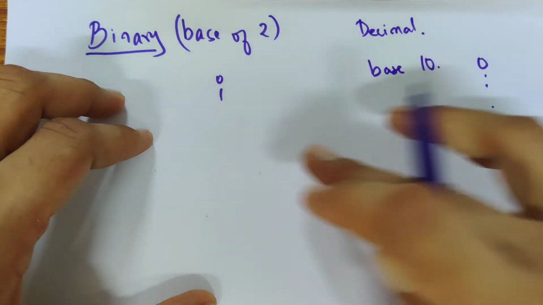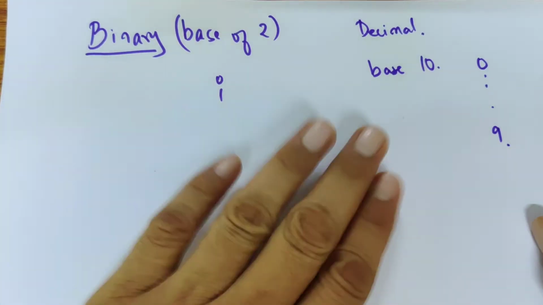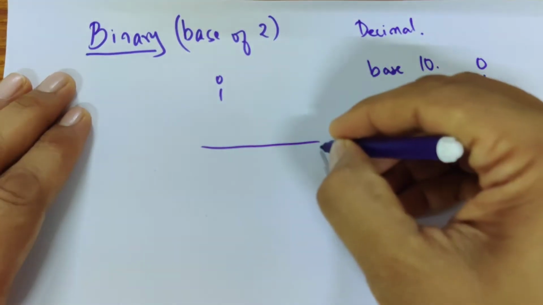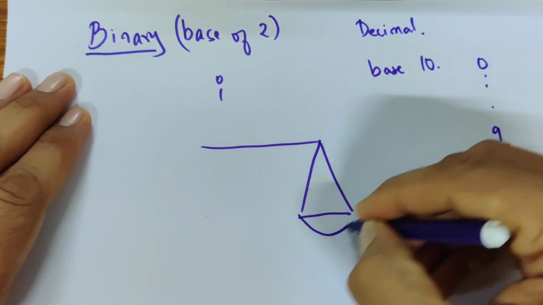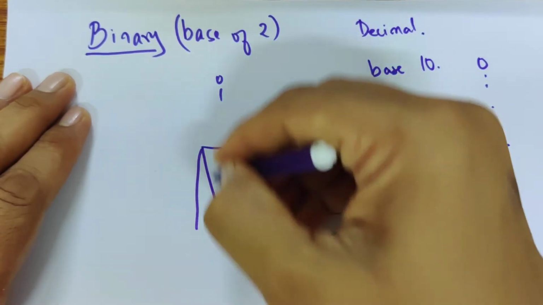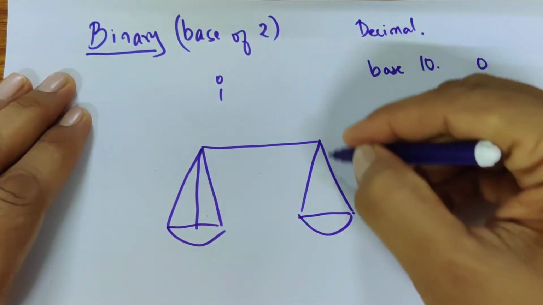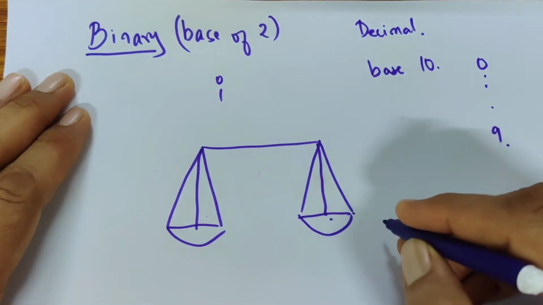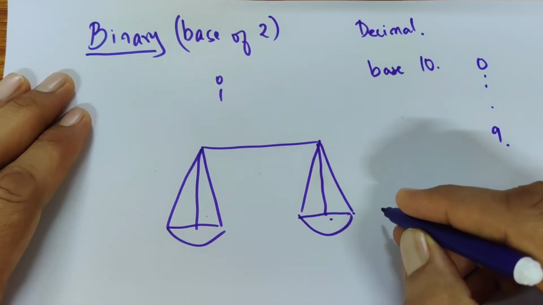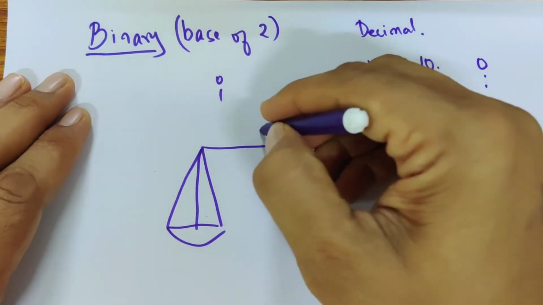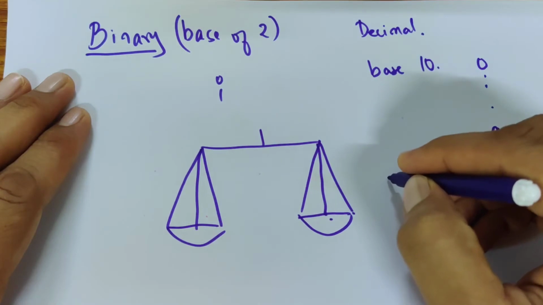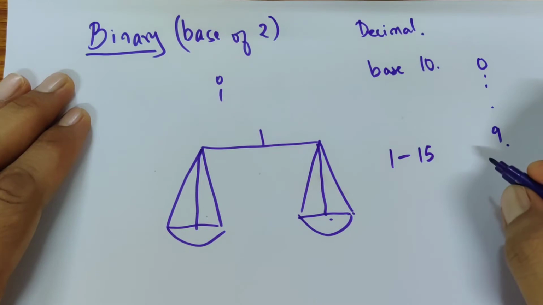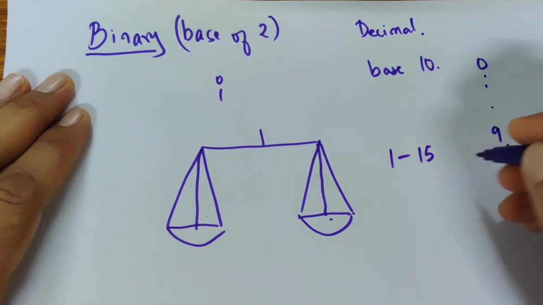So let's see how we can make sense of the essence of binary. Let's say we had a weighing balance. And here we have different objects, and on this side I want to be able to measure weights from, let's say, 1 to 15. 0 obviously is nothing, so 1 to 15 kgs, or 15 grams or whatever, let's say kgs.